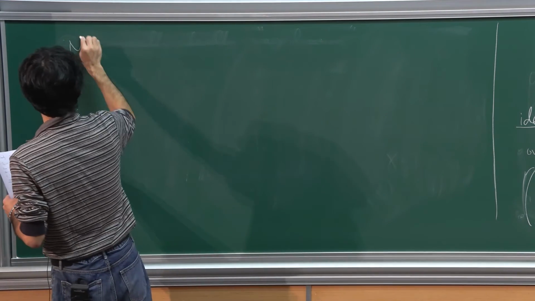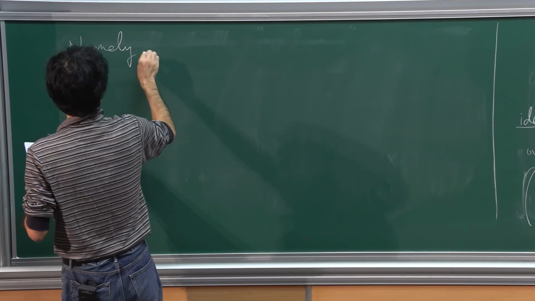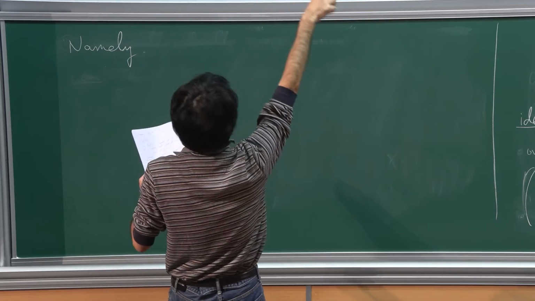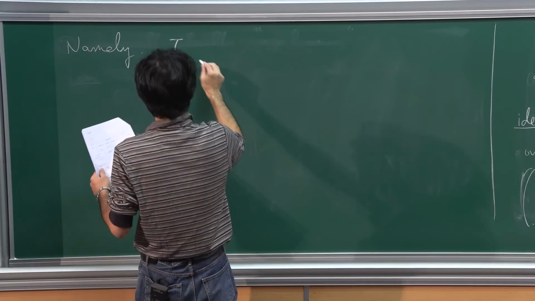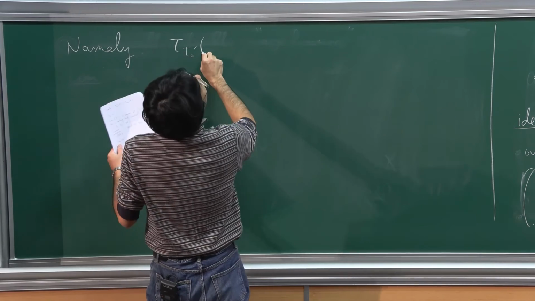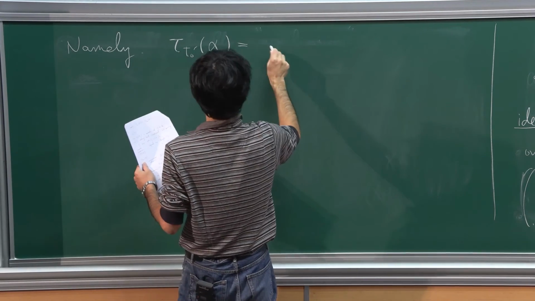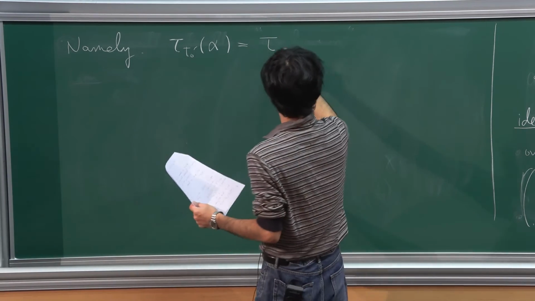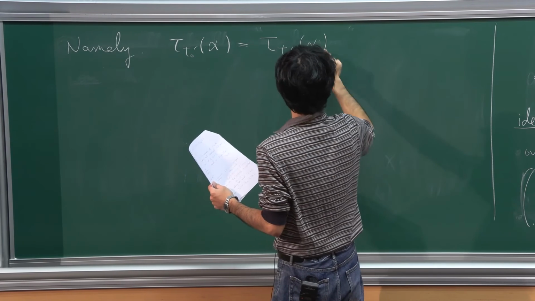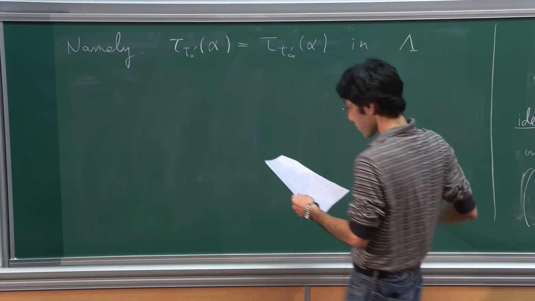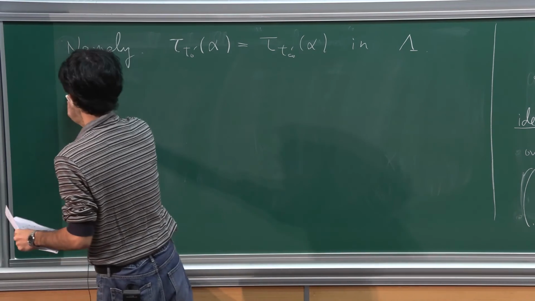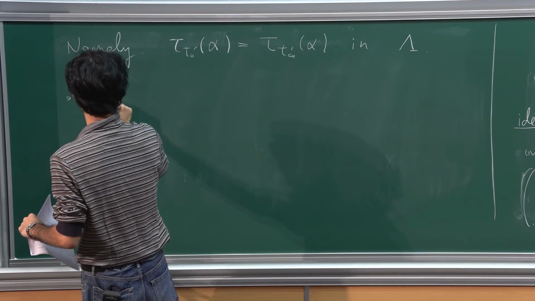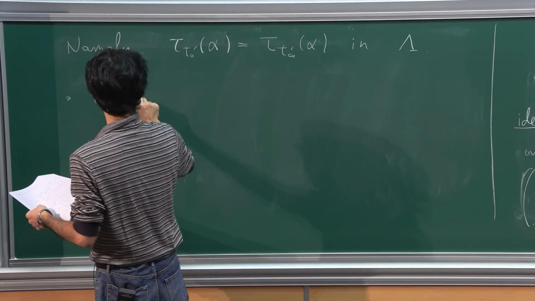So namely, what I had with that argument above is that this T0 prime of alpha is equal to, in lambda, and then T0 lambda.